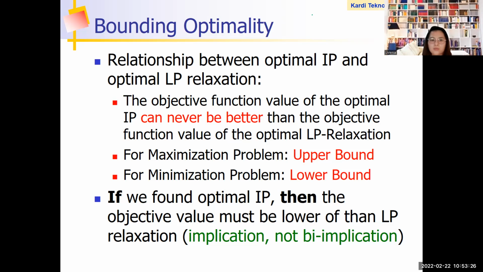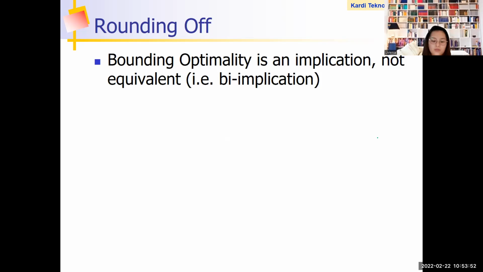The IP cannot be better than the LP. So 11.25, right? It cannot become 12. It can become 11, it can become 10, but it cannot become 12. You got it? Yeah. Okay. So this is called bounding optimality.